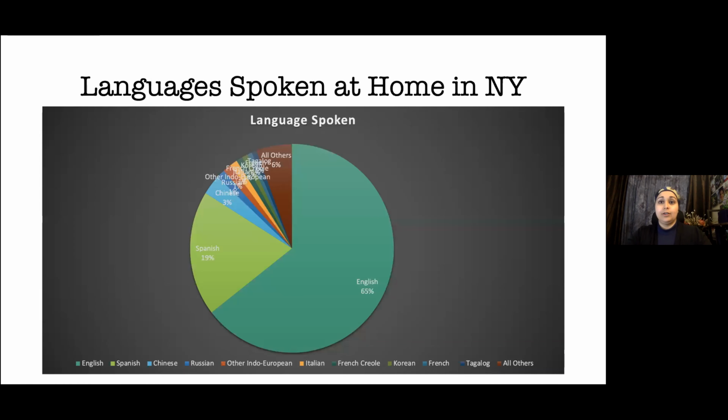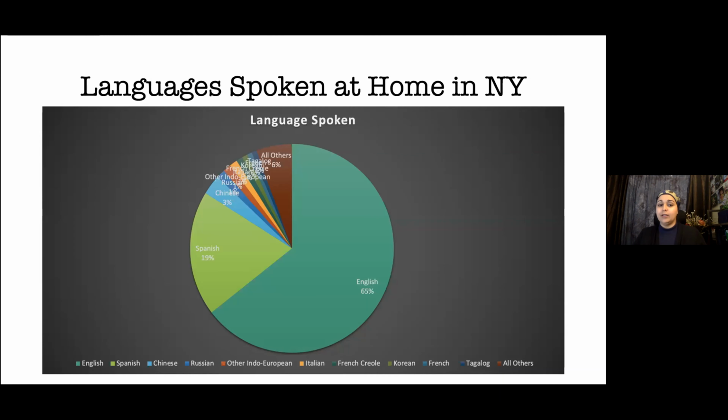Looking specifically at New York, the top 10 languages spoken at home are English, Spanish, Chinese, Russian, Indo-European, Italian, French Creole, Korean, French, and Tagalog. And these numbers did shift a lot from New Jersey, which I thought was interesting.